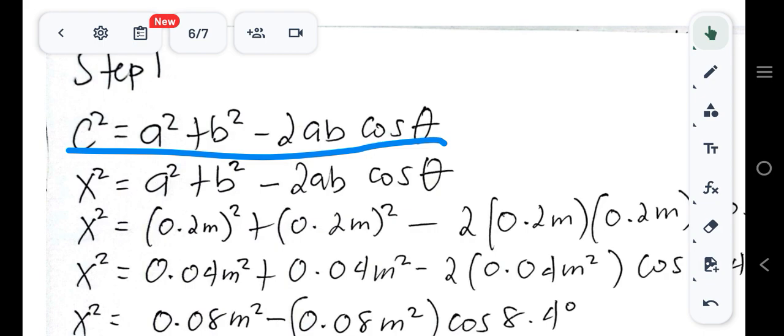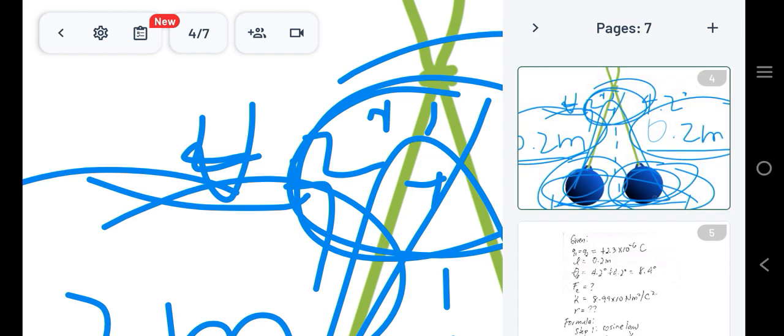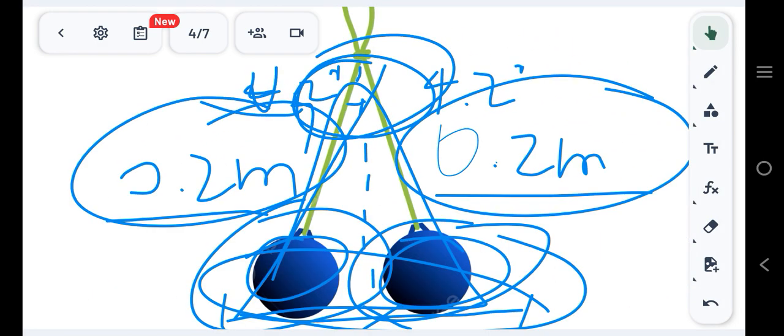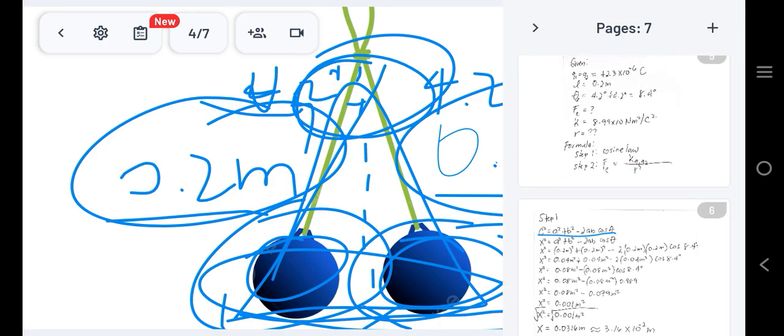We will have x squared equals a squared plus b squared minus 2ab cosine theta, wherein x is the length of the side opposite the angle theta. Here you have the theta, and this is the length x, which is opposite the angle theta. This is why we are using the cosine law.